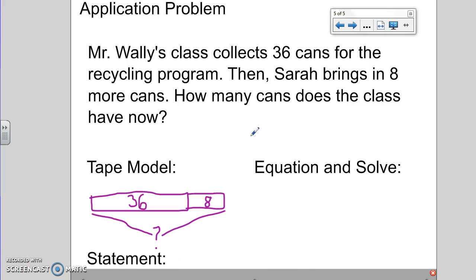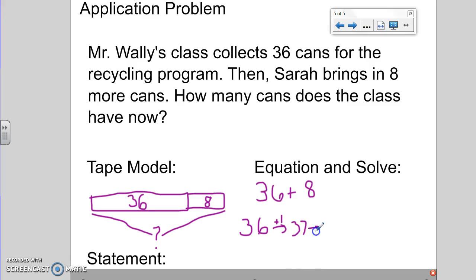Okay, you may have also used the arrow method, so let me demonstrate how to solve this using the arrow method. So I know my equation is 36 plus 8. So I'm going to start at 36, and I'm going to add 8 more ones. 36, add 1 is 37.